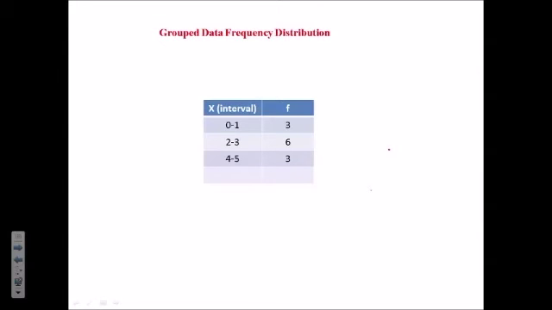Here's a nice picture of what we just did. Now I could take this chart and put another row on for sums. Would it make any sense to sum up the x column? No. Would it make any sense to sum the frequency column? Yes. The sum of the frequency column is equal to the sample size, which in this case was 12.